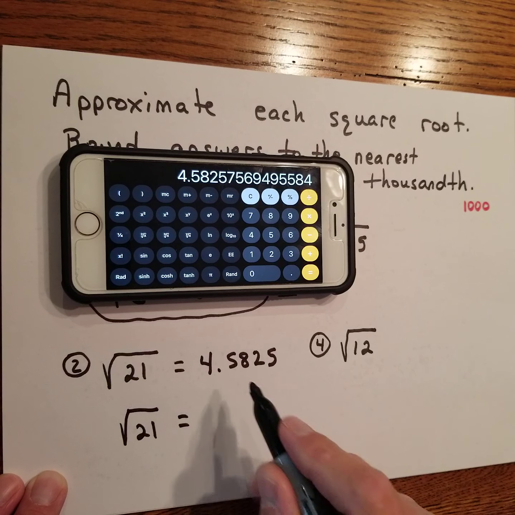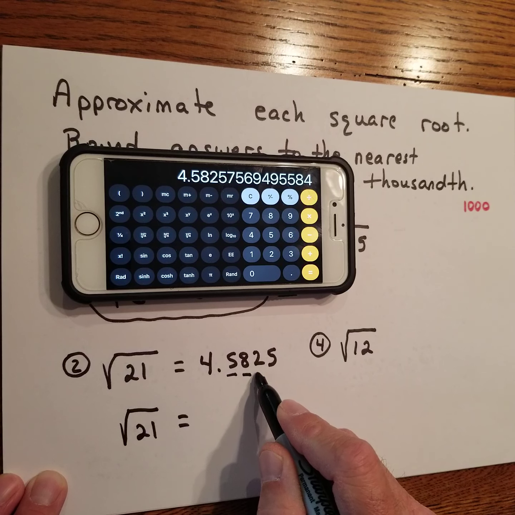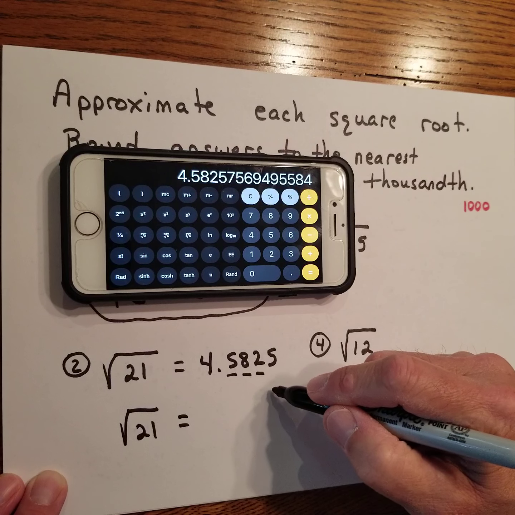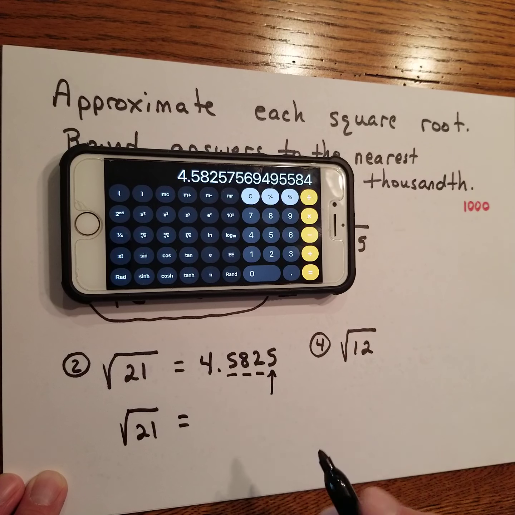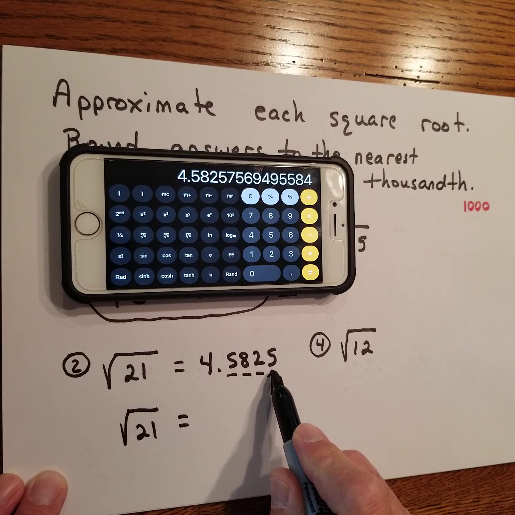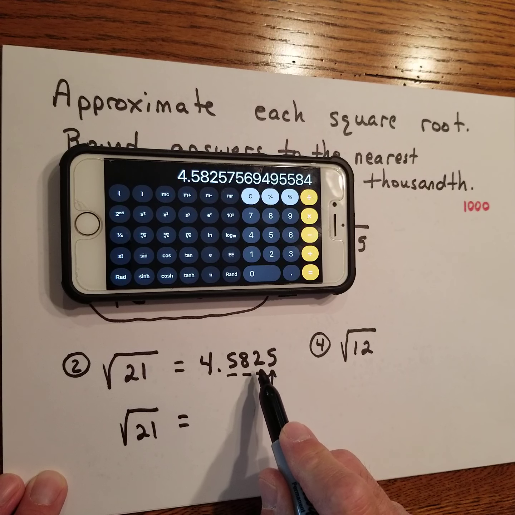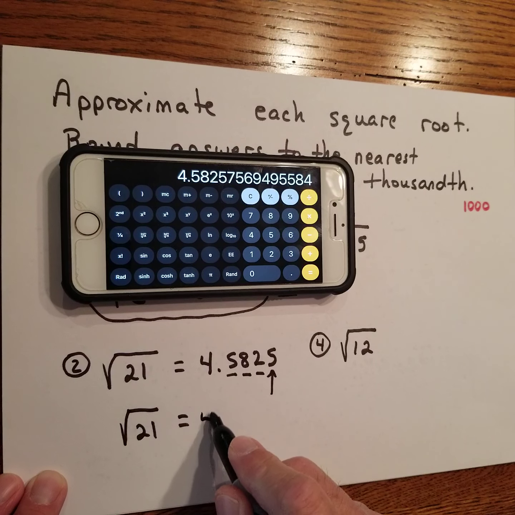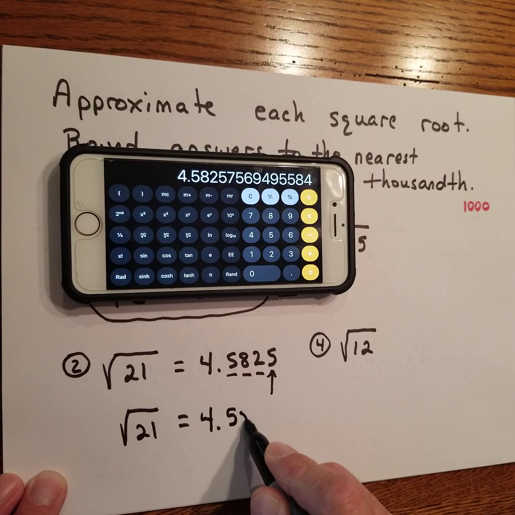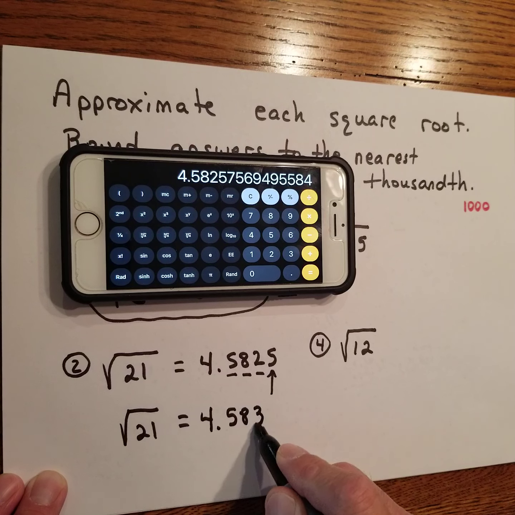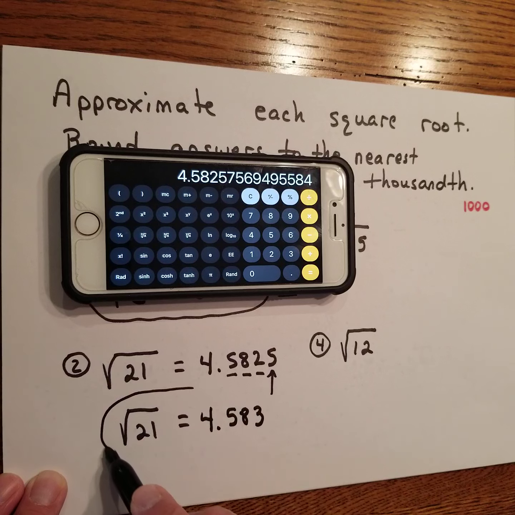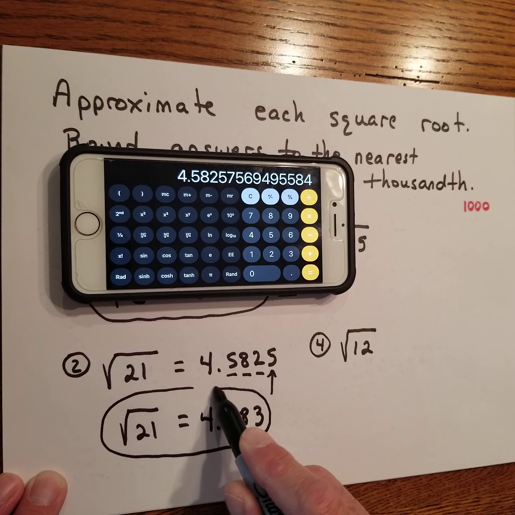That's 3 zeros, means 3 place values. Check the next place value out. It's a 5. That's big. If this is 5 or larger, then that rounds up. So I'll have 4.58, round the 2 up to a 3. There's my best answer to the nearest thousandth.